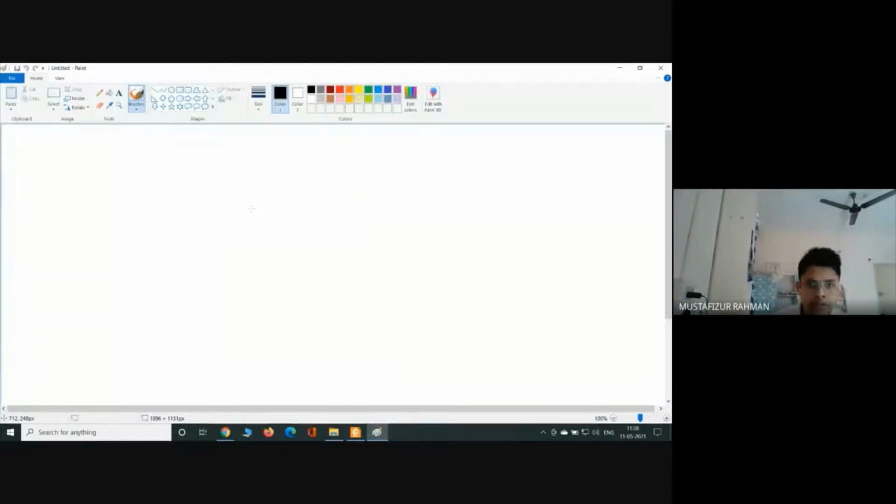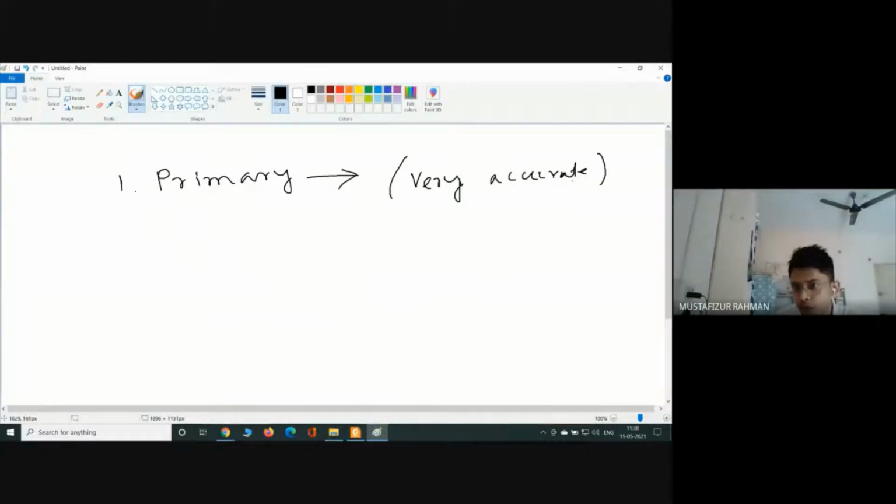Now, what are the different types of triangulation? Based on their accuracy, it has been divided into three parts. One is primary, or first order, where we are going to do very accurate works. Large scale works, like preparing the map of a country, or finding out the crustal movement of the earth surface, this type of thing we will do.